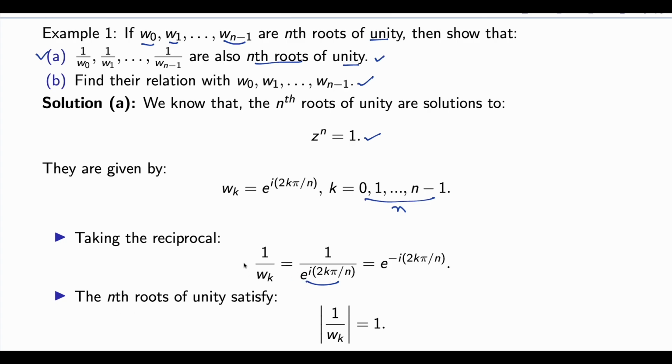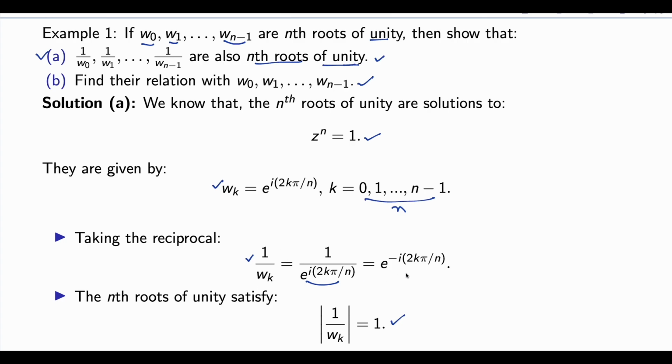So one interesting property is if you see the relation between these two, this is just the complex conjugate you can think of, right? And the nth roots of unity, if you take the modulus of this, which will produce you 1, it means that the 1 upon wk also lies on the unit circle, right?